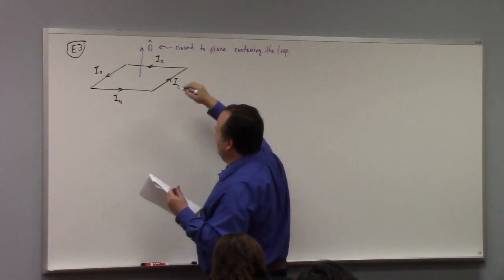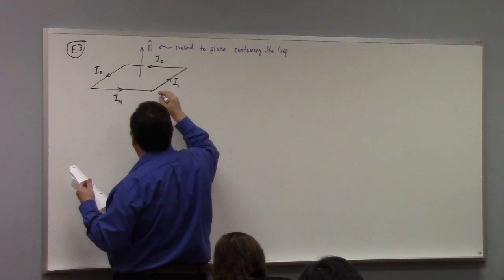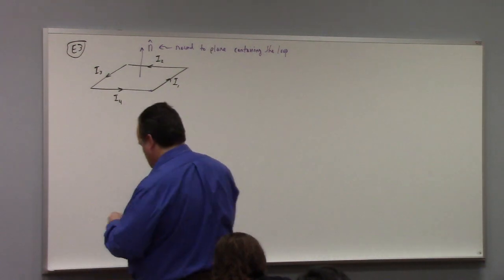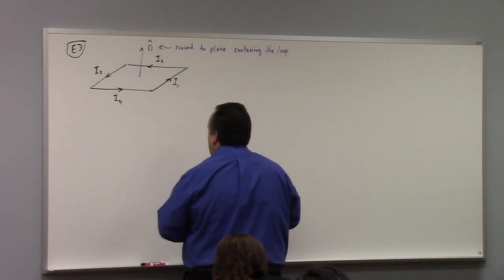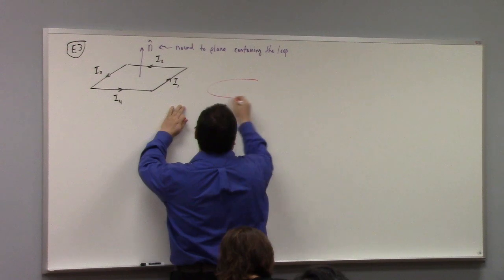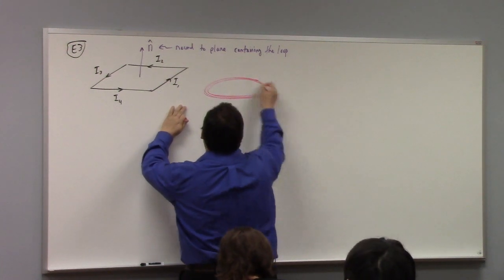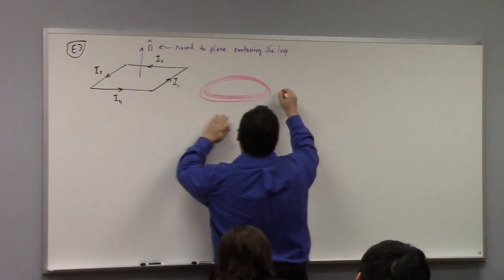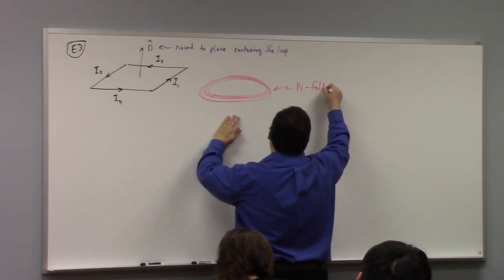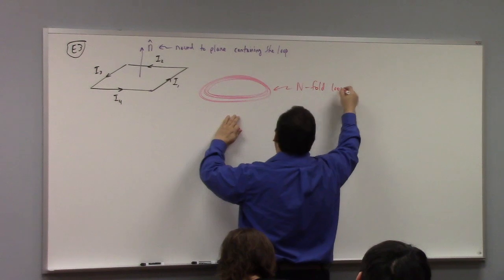And also, the thing that I haven't really captured into my picture very well, but maybe I should actually just trade my picture for something like this, because it could be like this. N-fold loops. All right.